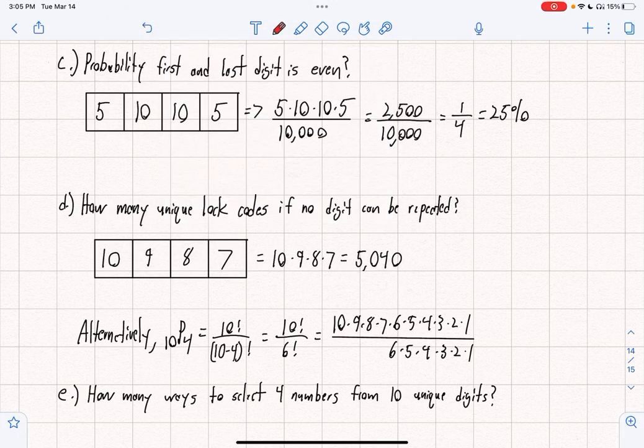So I'm going to cancel all of this, which leaves me just with 10 times 9 times 8 times 7, which is equal to 5,040.